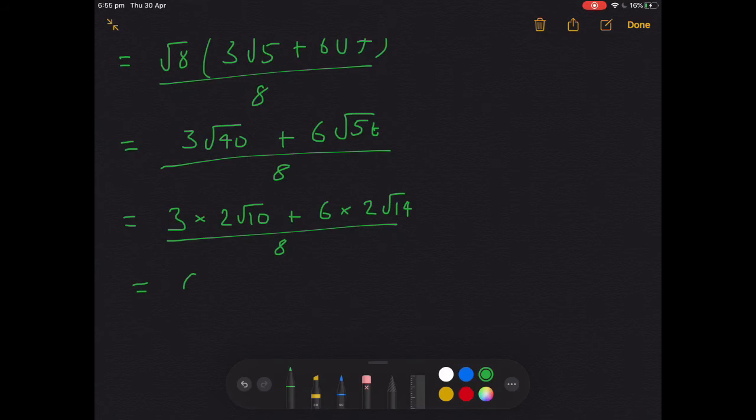And final cleanup, 6 root 10 plus 12 root 14 on 8. Finished. Bit of work in that, but not too hard if you know the individual bits.